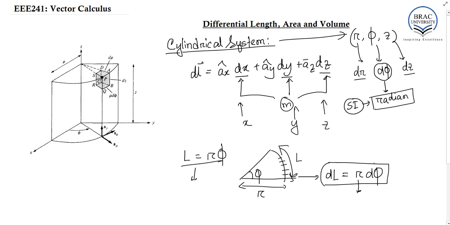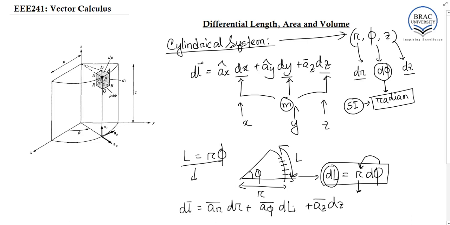Rather, we multiply d phi with the radius and get the actual distance covered, not the angle covered. So basically, in the case of the cylindrical system, the formula of dl should be a r dr, a phi r d phi, and a z dz.